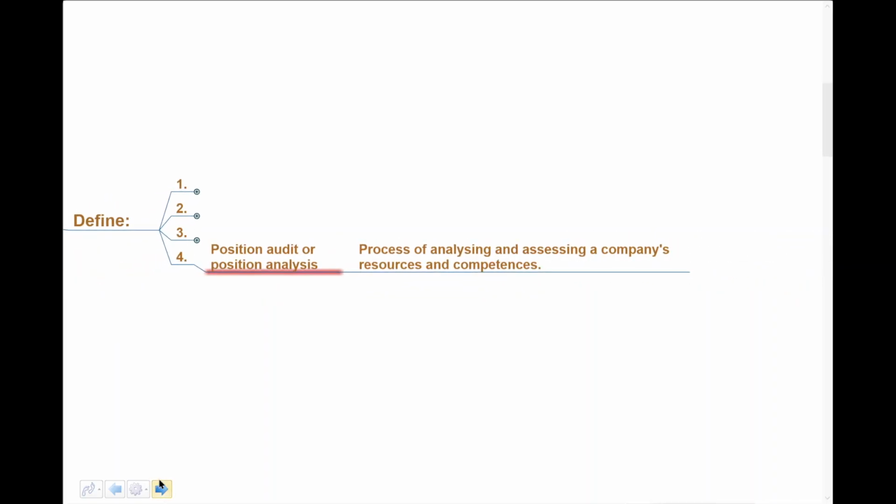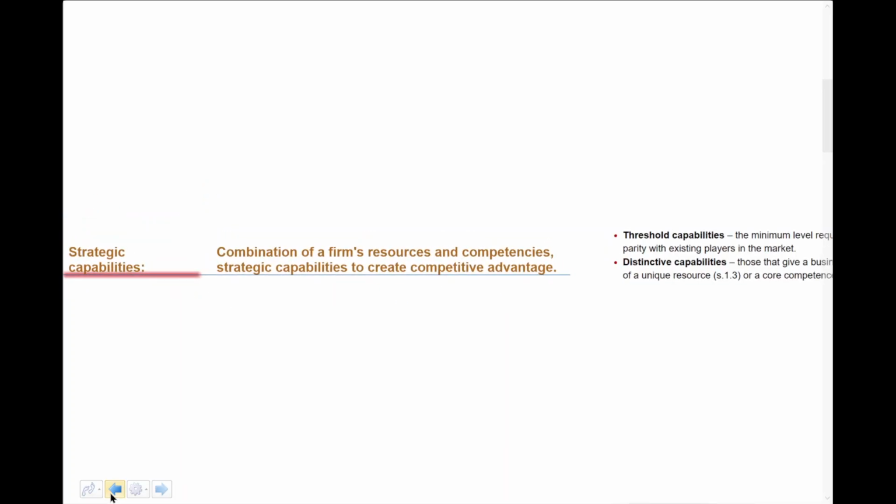Outside of that, let's look back now at strategic capabilities. We said up top that capabilities are really what drives performance, i.e. results, and indeed competitive advantage. In effect, your edge over your competitors. So what do we mean by capabilities? Sorry, let me just go back one second.